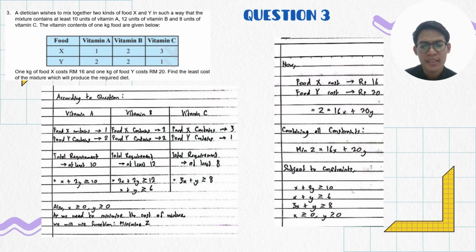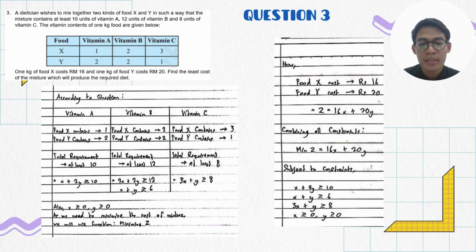For vitamin C, 3x plus y greater than or equal to 8. Also, x greater than or equal to 0, while y is also greater than or equal to 0. As we need to minimize the cost of the mixture, we will use the function which is minimize z.